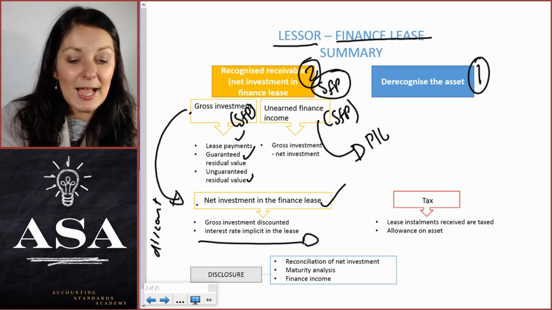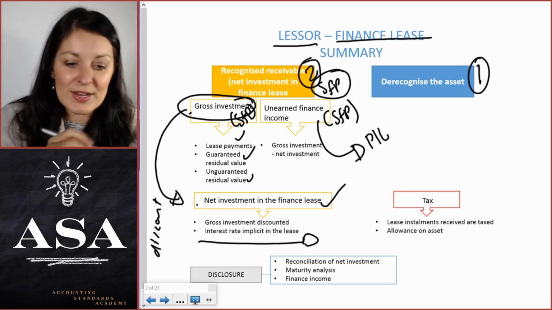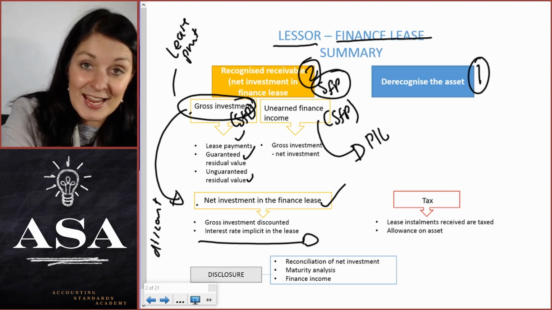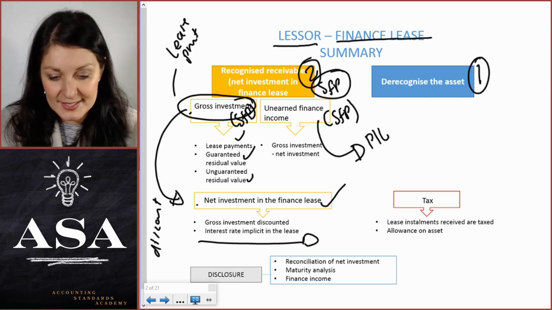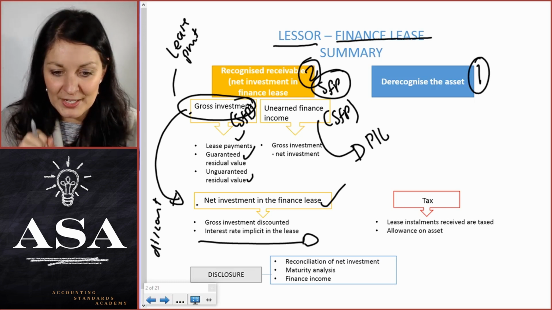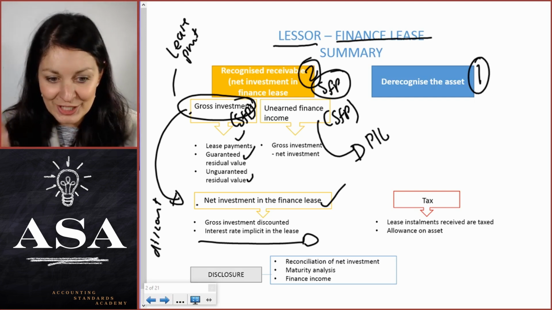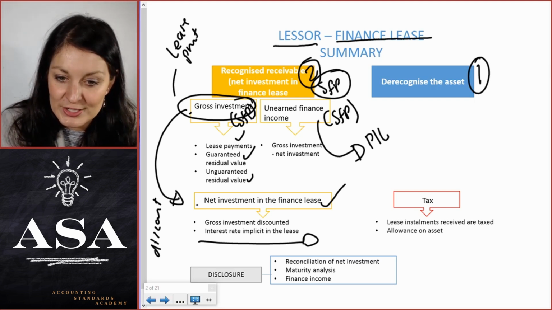Okay. With the gross investment, this will also reduce with every lease payment that we receive. So at the end of the lease term, we should have a gross investment of 0 and an unearned finance income of 0. Okay, so our lease payments never actually hit our profit and loss. No, it is set off against the gross investment to reduce it.